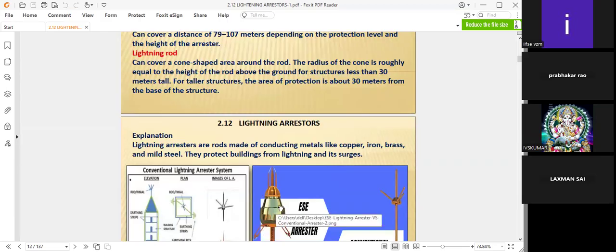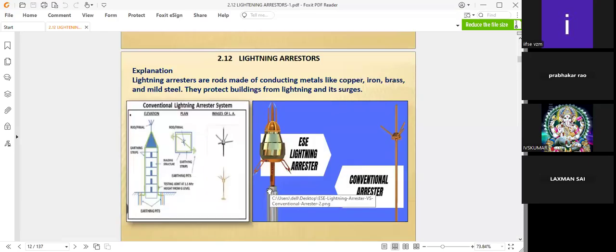This is the cone shape, and this is the cone radius. The radius of the cone is roughly equal to the height of the rod above the ground for structures less than 10 meters tall.